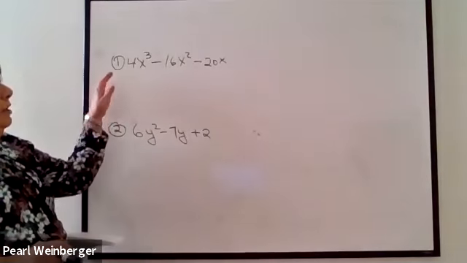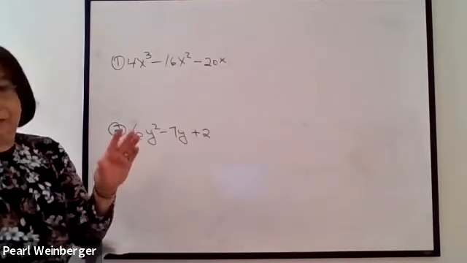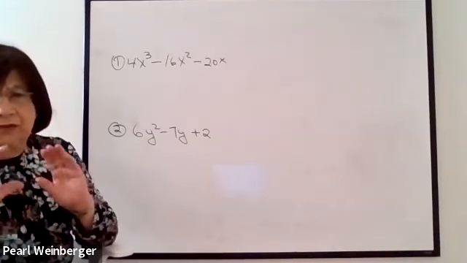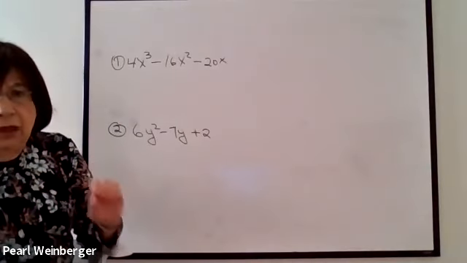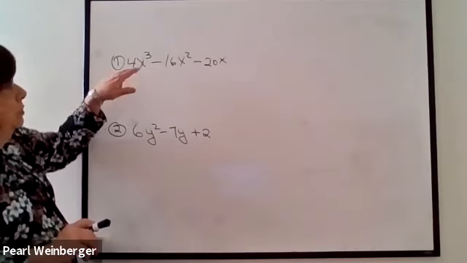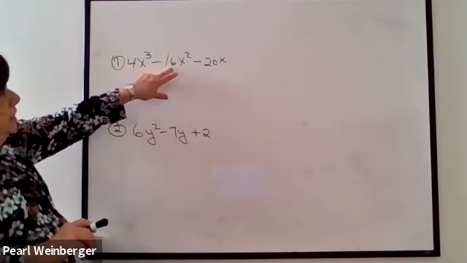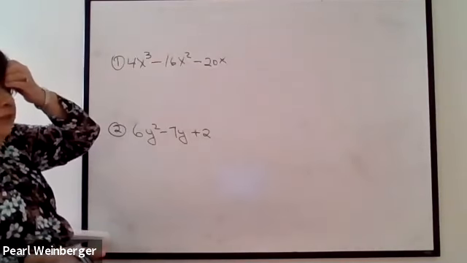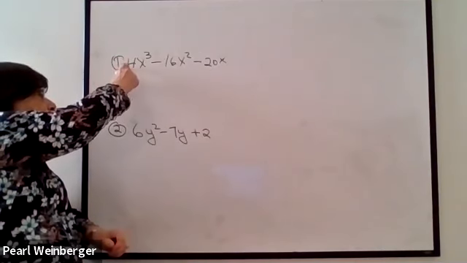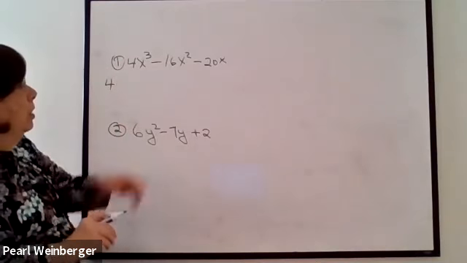Okay, so let's look at the first example. Again, what do we always look for first? No matter what kind of factoring you're asked to do, the first thing you always look for is a common factor. So let's look at this. The coefficients are 4, 16, and 20. Obviously, 4 goes into all of those. And since the leading coefficient is positive, we're going to use a positive number. So that'll be 4.